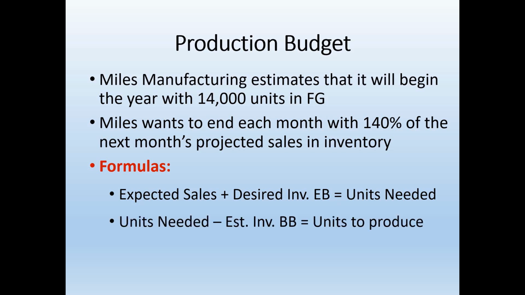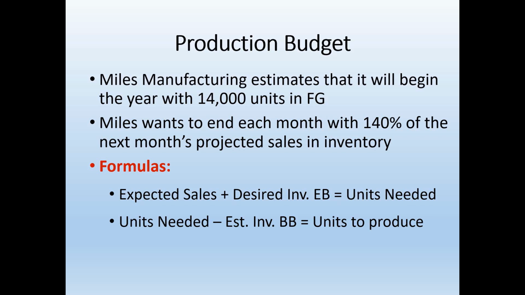But if a firm expects to have units at the end of the previous period, those units will still be available the next day at the start of the current period.